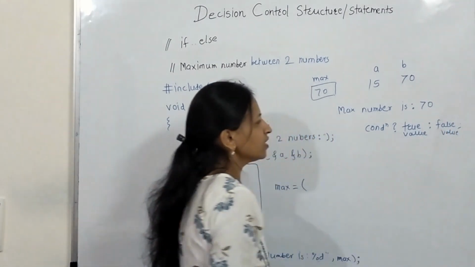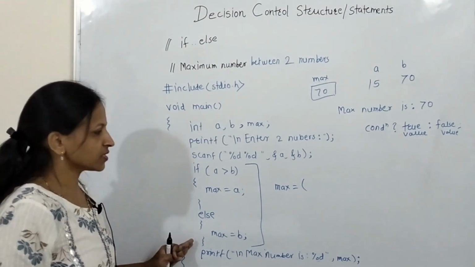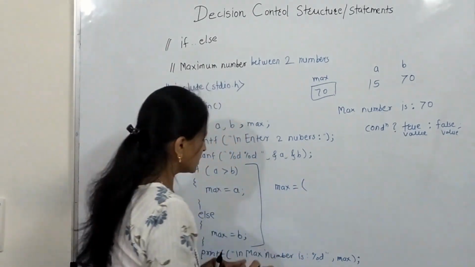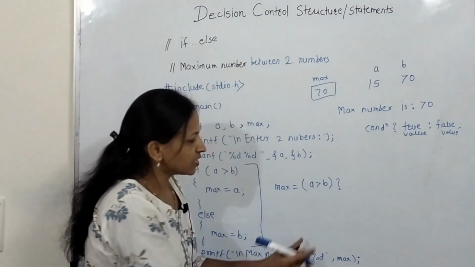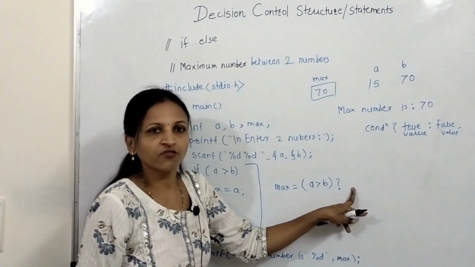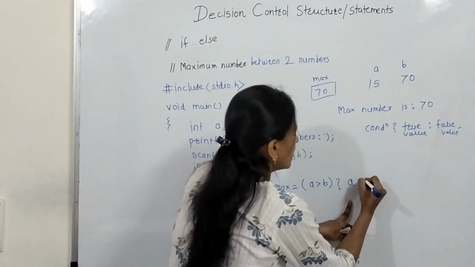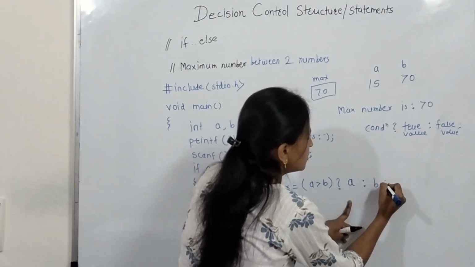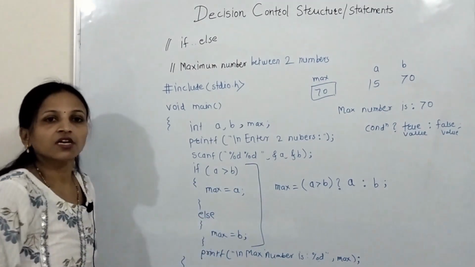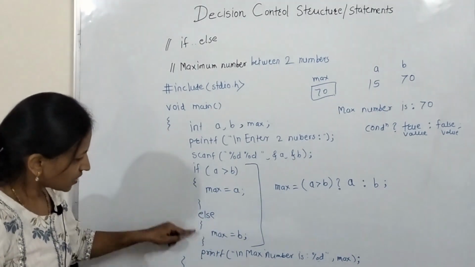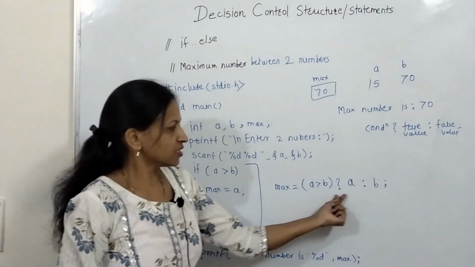In this way we can use the conditional operator or ternary operator for doing the same task. How? Max is equals to, we'll place first the condition, that is A greater than B. If A is greater than B, this is true, then what is to be stored should be written here, that is A, otherwise B. In this way we can write this if else block using the ternary operator, instead of the whole if else block, in a single statement.